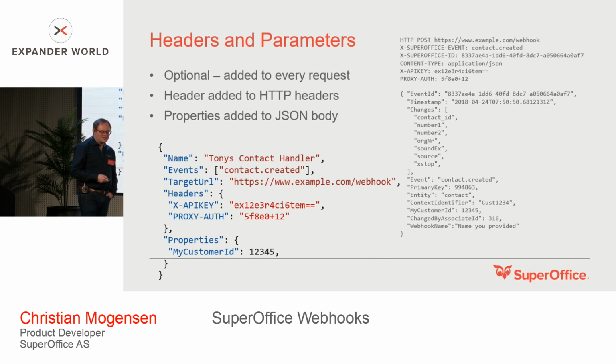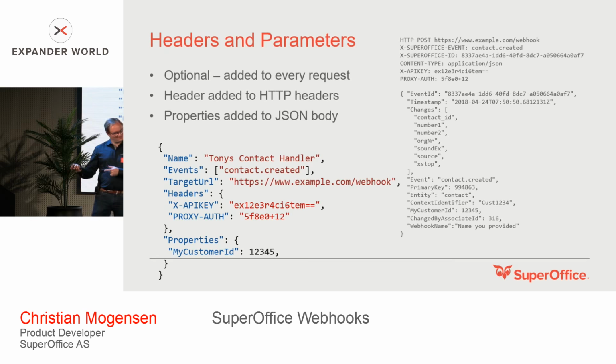So you can ship in values that you need, for example, to authenticate along the way, or to get through a router or firewall. Or you can record data there that's specific to your webhook that doesn't come from SuperOffice, but that you need to keep track of. Like, this customer is known as this number in my systems.